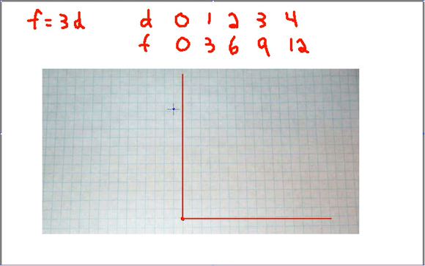In this particular case, in order to not cause so much confusion, I'm going to go ahead and change this to x's and y's. The reason is that in our coordinate graph, it would perhaps be confusing to have a d on one axis and an f on another.